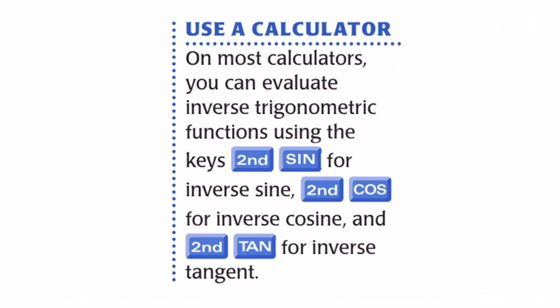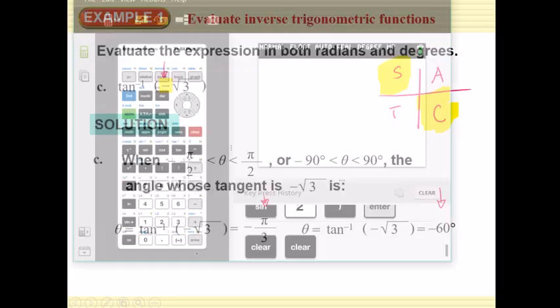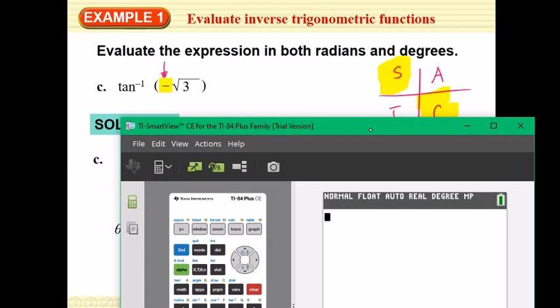So on most calculators you can evaluate your inverse trig functions using the second sine key, second cosine, second tangent. On some other calculators you're going to have to press tangent, sine and cosine twice, and some other calculators might be slightly different. I want to go back to the last example here and show you how to double check your work using it.